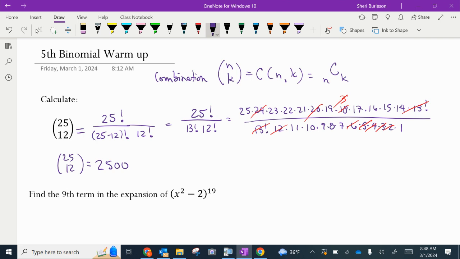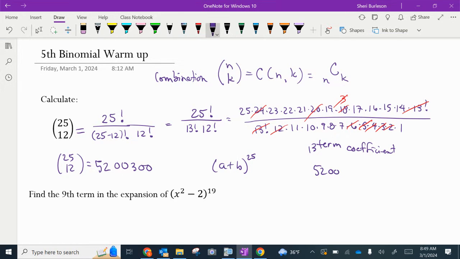5,200,300, was it? Oh, I switched them. And then 300. Yeah, there's my dyslexia in play right there. Okay. So if I were doing the expansion, a plus b to the 25th, the 13th term would have a coefficient of that.